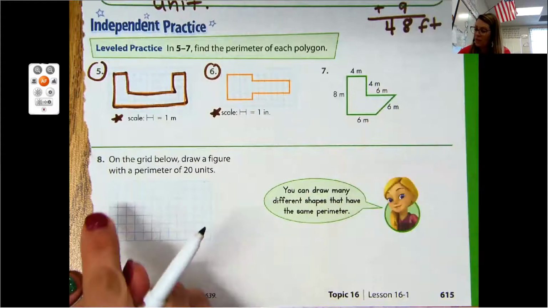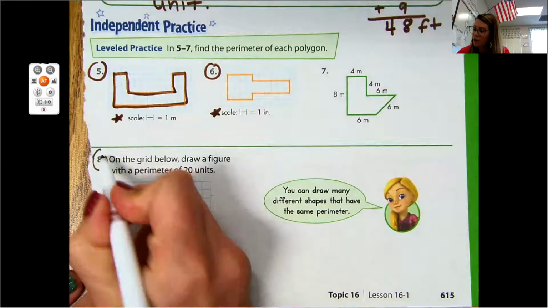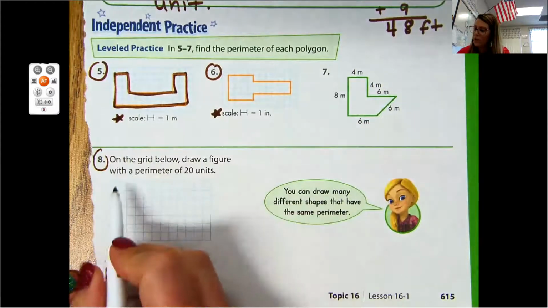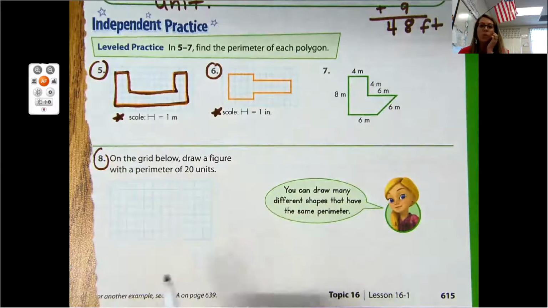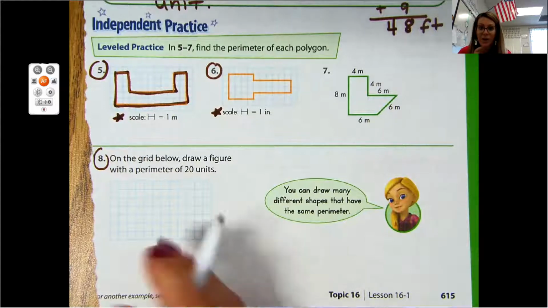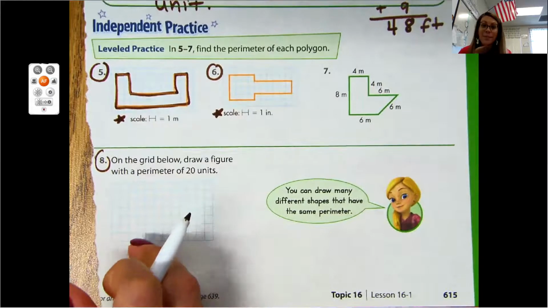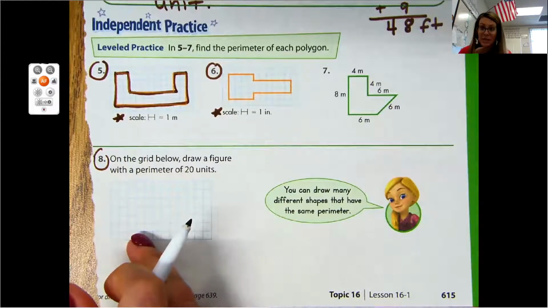Okay, then look at number 8. On the grid below, draw a figure with the perimeter of 20 units. So that means the total has to equal 20. I want you to try that one on your own. Have mom and dad help you if you need it, okay? Have them check your work.